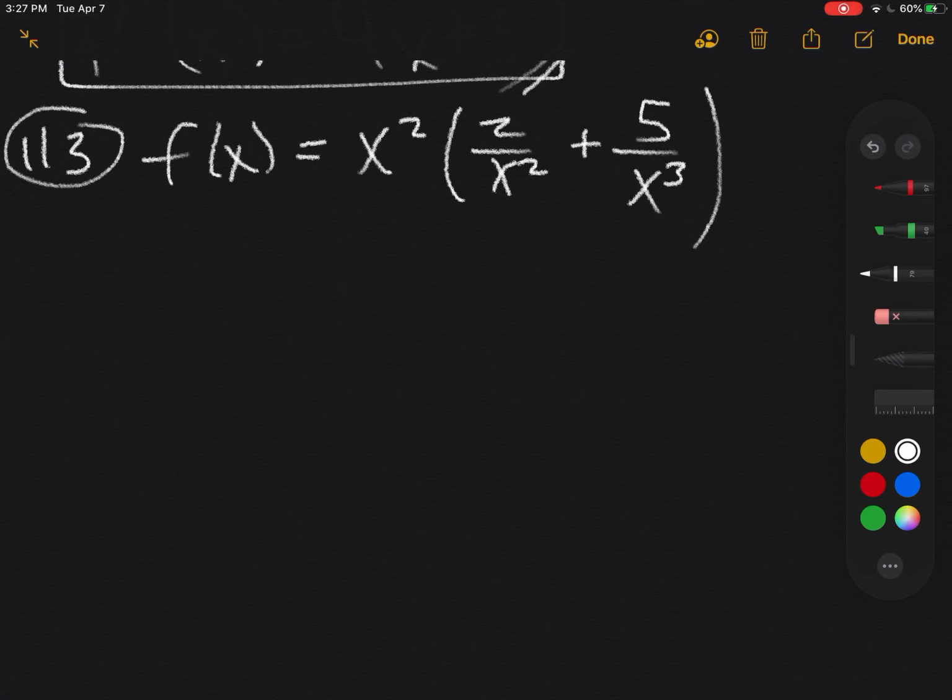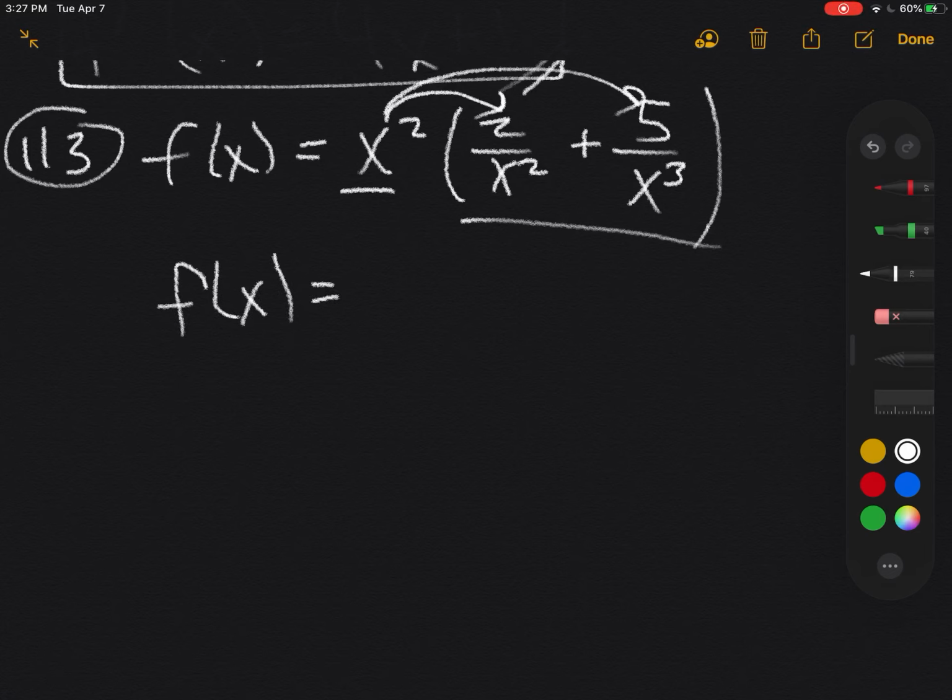And this is a fun one because I can take the derivative using the product rule the same way I did before, or I can distribute and do that. I'm going to choose in this case to distribute because I only have a monomial times a binomial, and something kind of interesting is going to happen once I distribute. I'm distributing this x squared, and I get f of x is equal to 2 plus 5 over x.